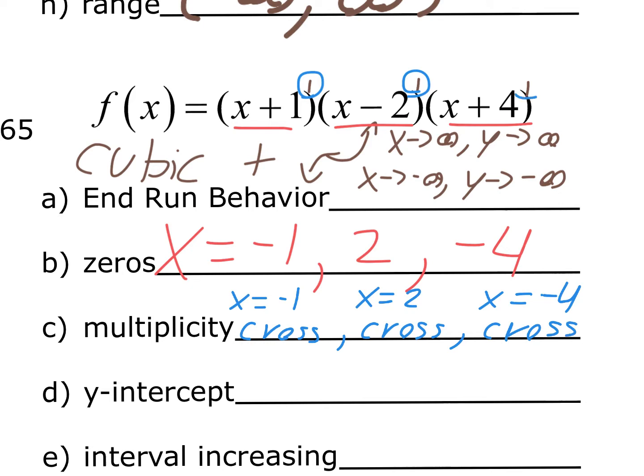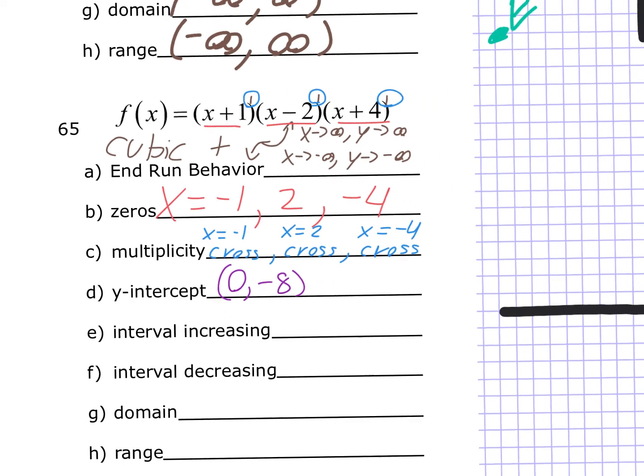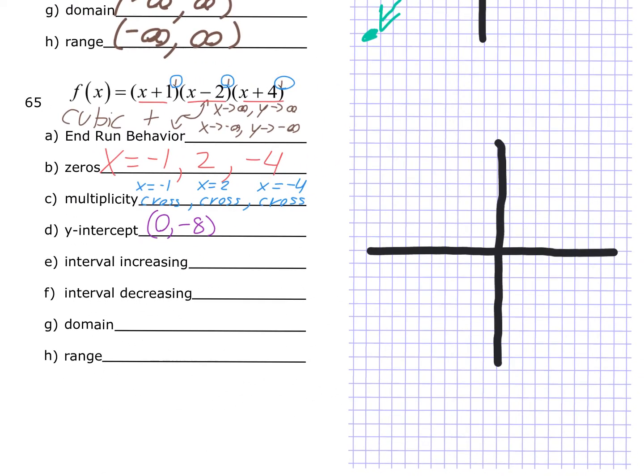So once more, we've got that odd exponent. My y-intercept, replace my x's with zeros, and I have 1 times -2 times a +4, which gives me a y-intercept of 0, -8. I'm going to take all this information to sketch out my graph.